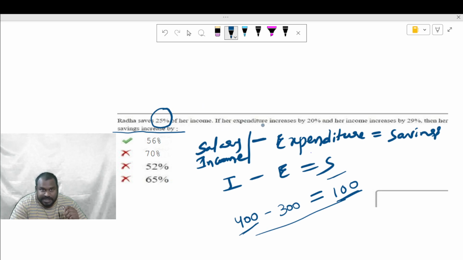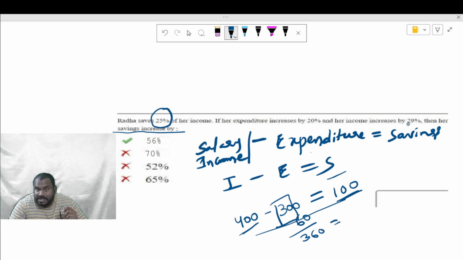If her expenditure increases by 20%, expenditure means what? 300 is the expenditure. This has to be increased by how much percent? 20%. So 10% is 30, 20% is 60. You add 60 to this and it becomes 360.